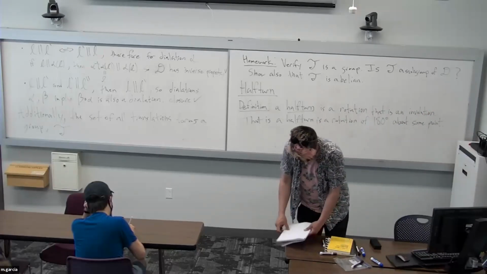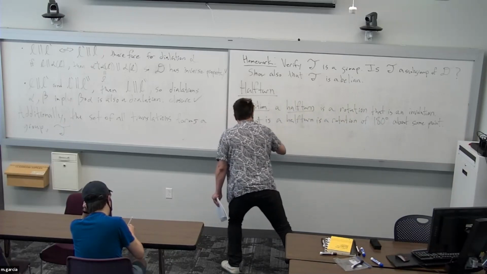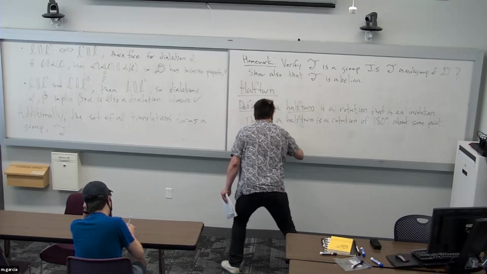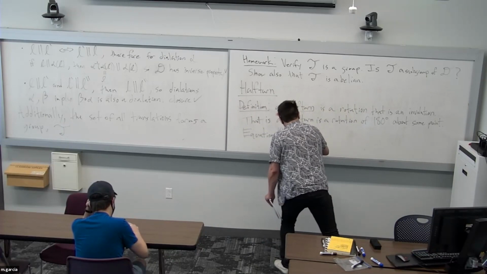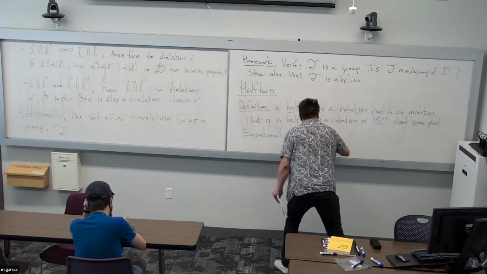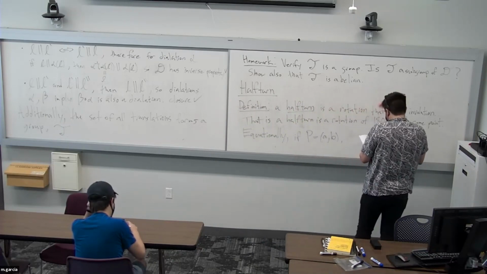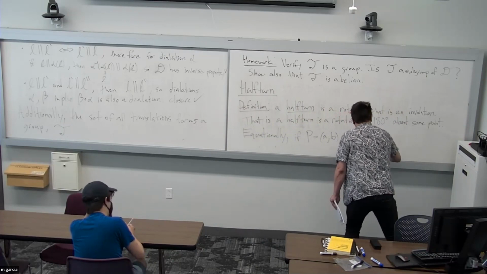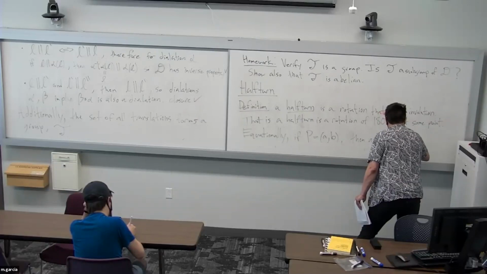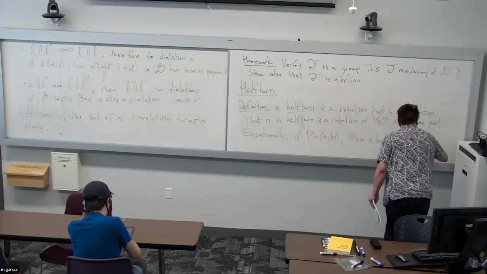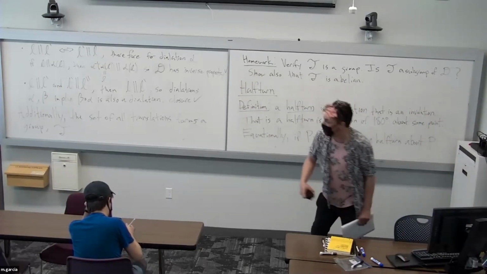So, equationally, if we take the point P, A comma B, then a half turn about P has the following form.